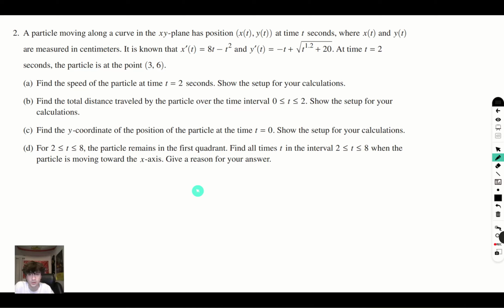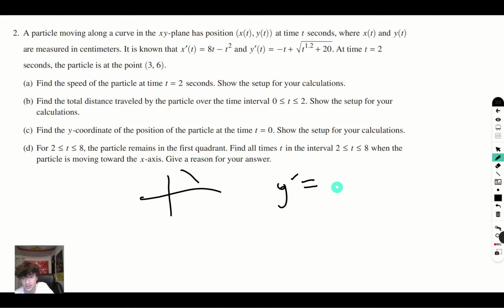Okay, so what it wants us to do is find when it's moving towards the x-axis. That means y is going downwards, meaning that y prime is going to be negative.